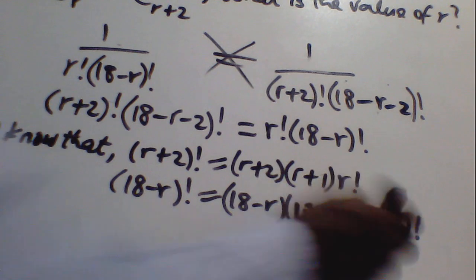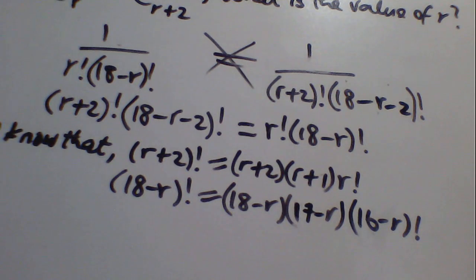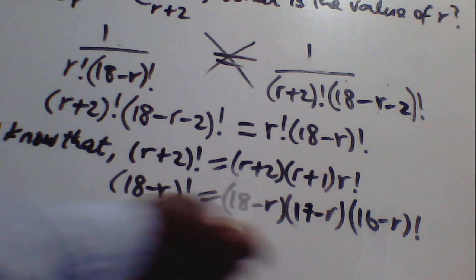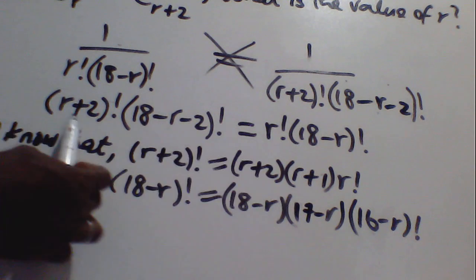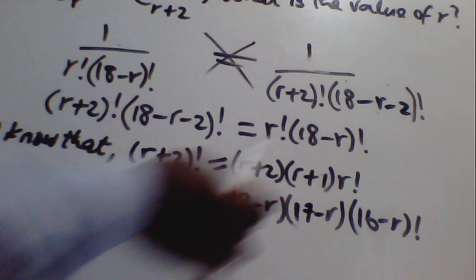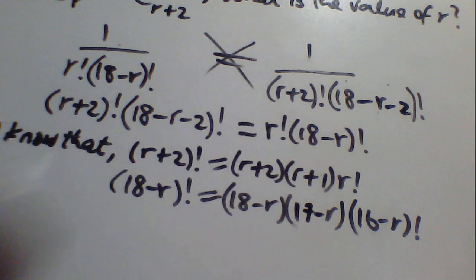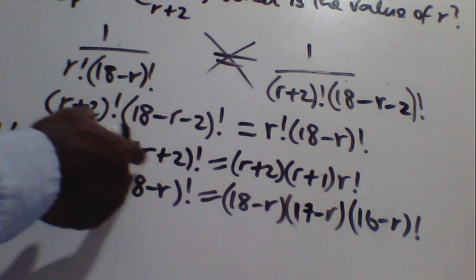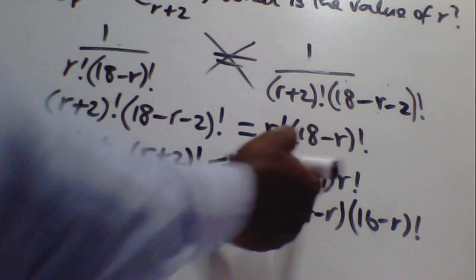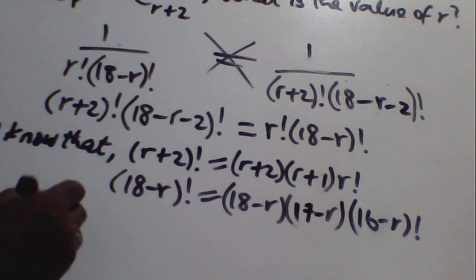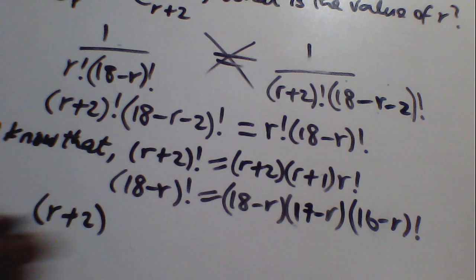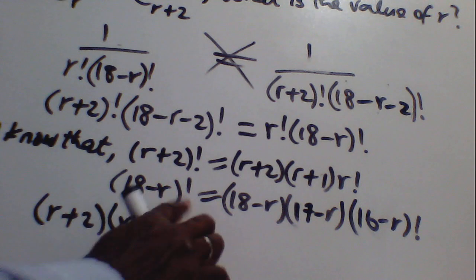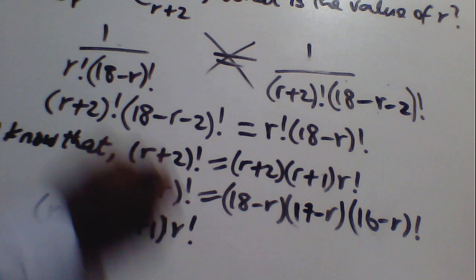These are what you use to substitute the values of (R plus 2) factorial and (18 minus R) factorial respectively. So return to this equation. Wherever you see this value, you put the right hand side. You have (R plus 2), (R plus 1), and also R factorial.